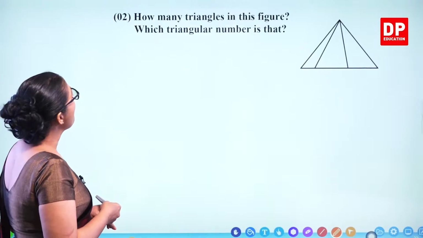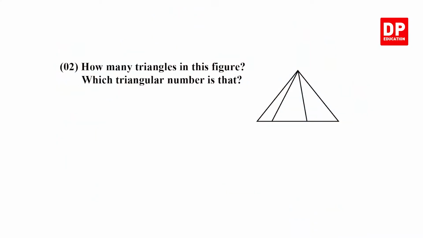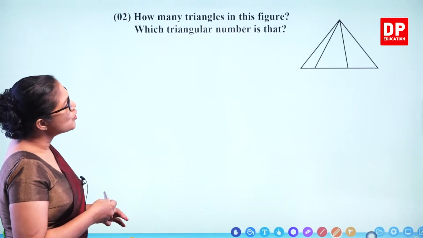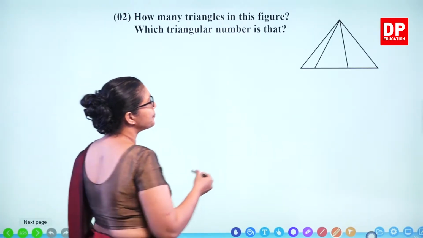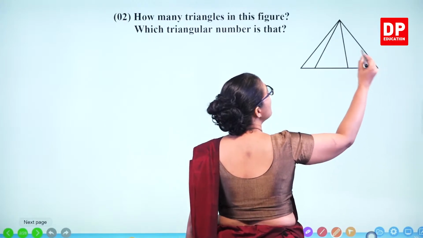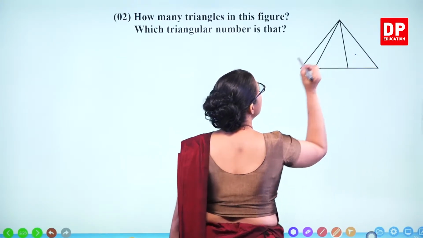Question number 2. How many triangles are in this figure? Which triangular number is that? First we'll count the smaller ones. Smaller ones: 1, 2, 3.